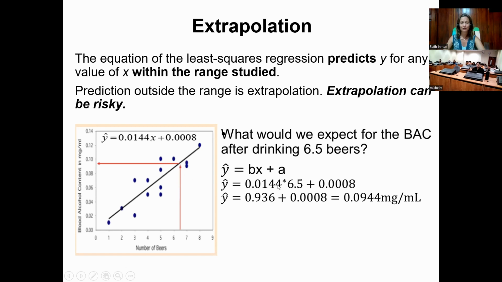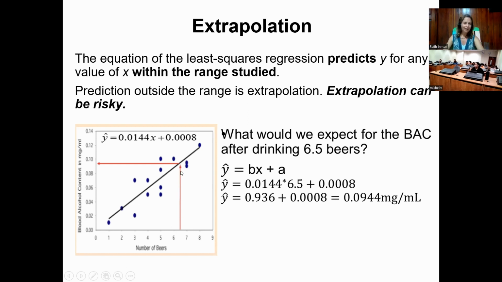So we take 0.0144 times x, in this case, 6.5, plus the intercept. Here's our intercept, 0.0008, right? Now, if you multiply our slope times our x, you get 0.936 plus the intercept, and then you get 0.094. So the blood alcohol content would be 0.09.